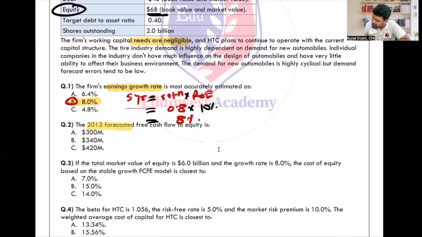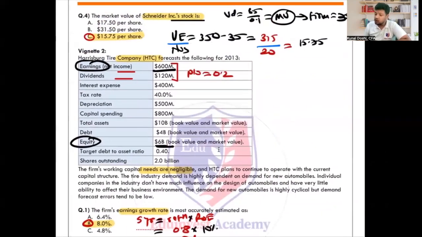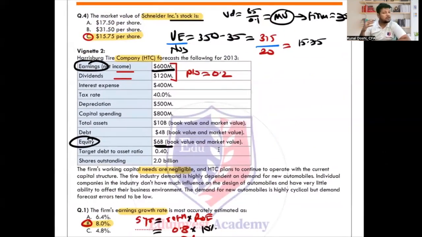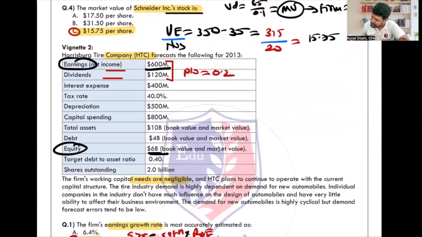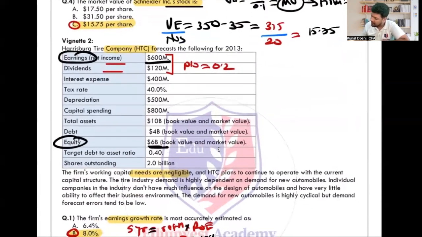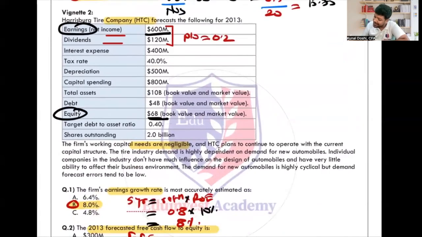Company's next year's forecasted FCFE. Now, in this case, they are asking me next year's FCFE. So I will have to check first which type of ratio or calculation, which type of formula is applicable. Here I have interest expense, tax rate, depreciation, capital spending, total assets, debt, and target debt ratio.